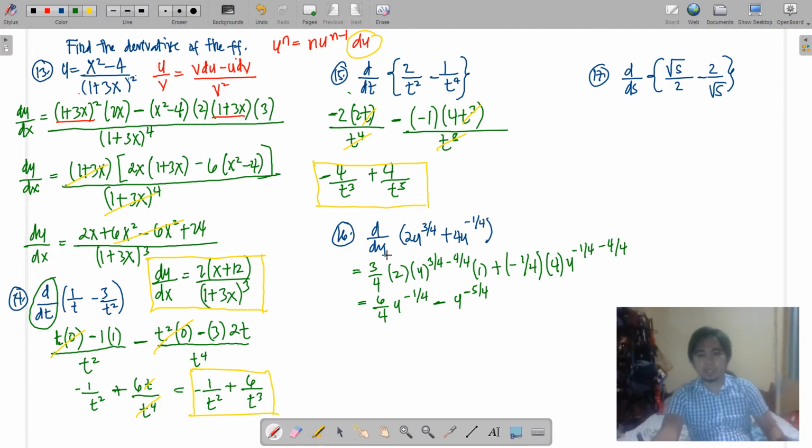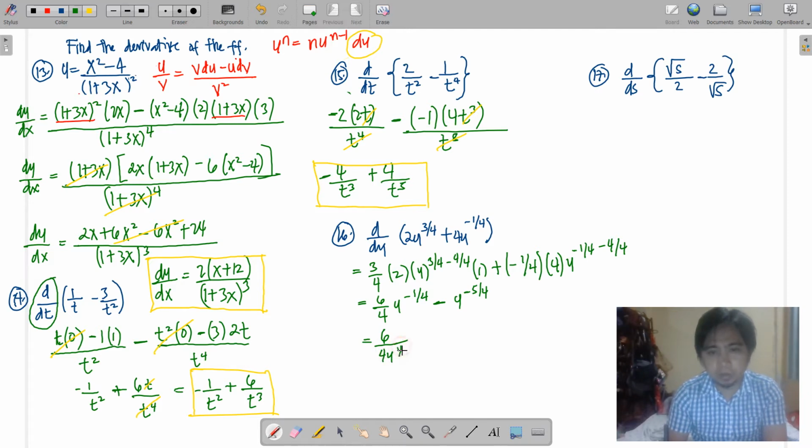Okay, so a negative exponent just means we have to reciprocate that variable. When you reciprocate it, what is on top goes to the bottom. So 6 all over 4 becomes positive, y raised to 1 over 4, and then minus y, it is now at the bottom, supposedly 1 all over y raised to 5 over 4.